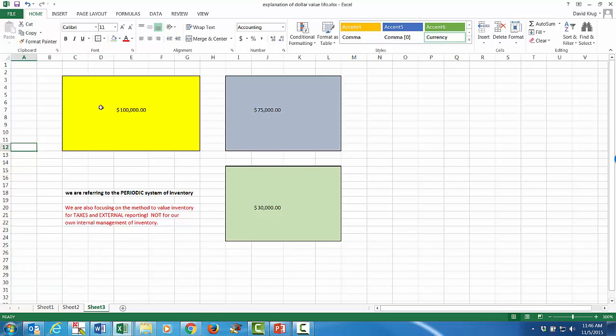No, this is simply used for taxes and external reporting of the dollar value of inventory that we have. This is not a useful tool for internal management of inventory. We might use FIFO or something else for that. But this is when we tell the tax return or the financial statement readers what our inventory is. All right? Now, let's move on.